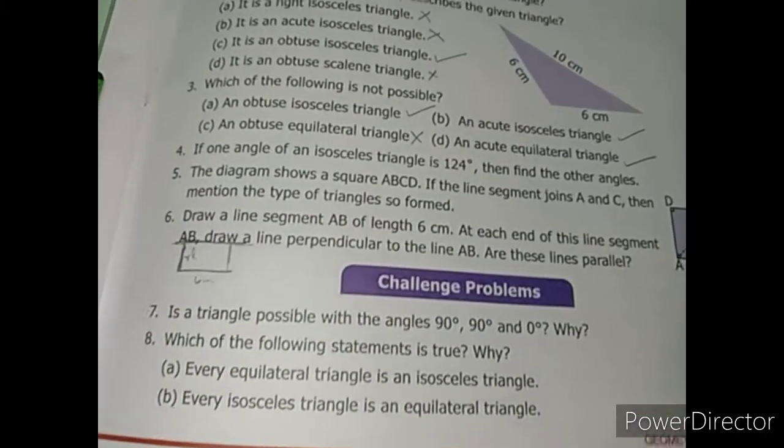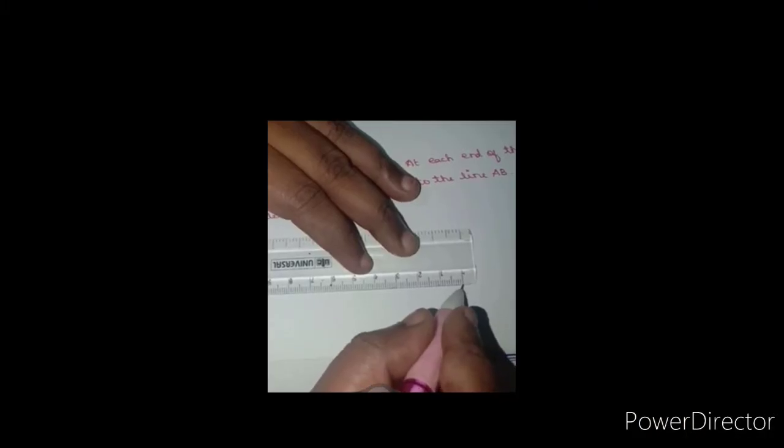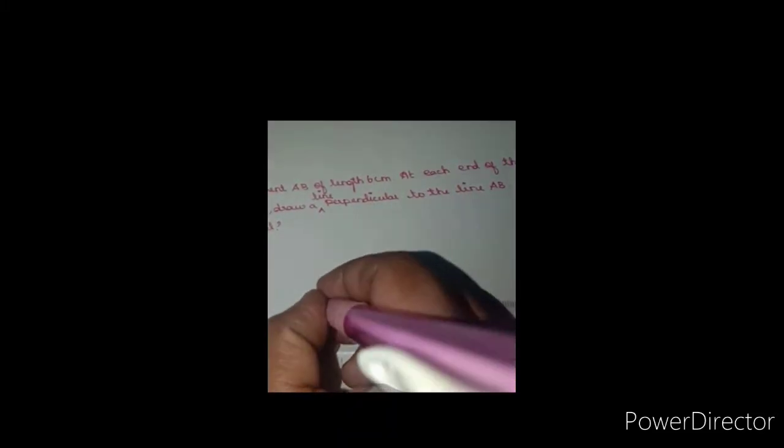We'll see that now. First we have to draw a line. So as I told you, a line segment of 6 cm. So you know how to draw a line, no, we have to first draw a line. Then we have to keep the dot A and B and write it exactly. Line segment AB is equal to 6 cm.